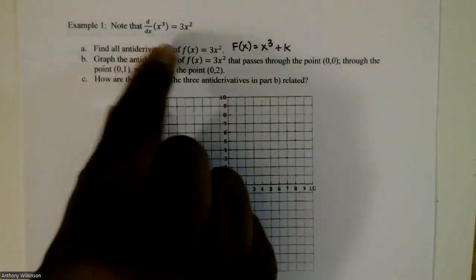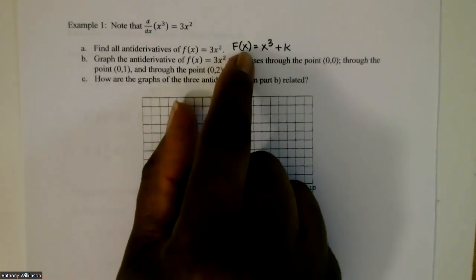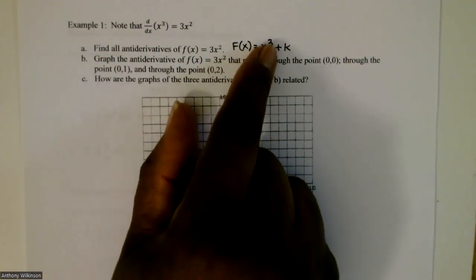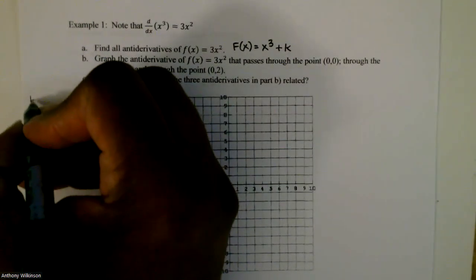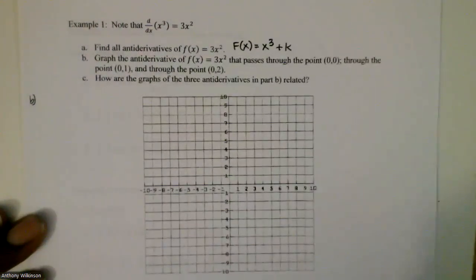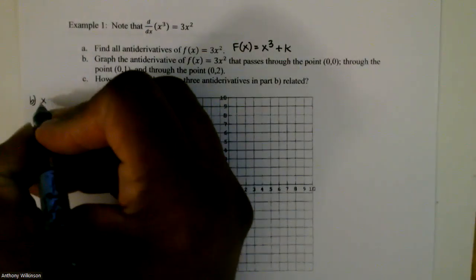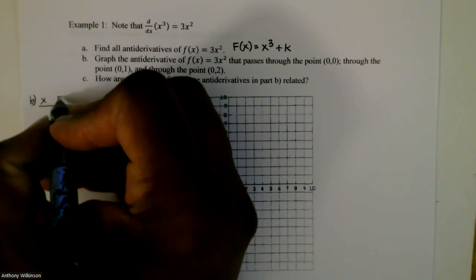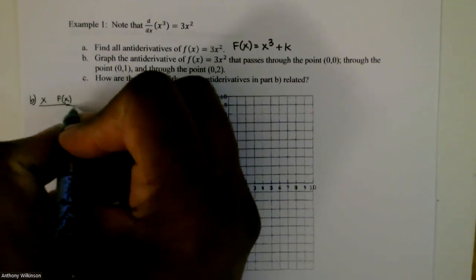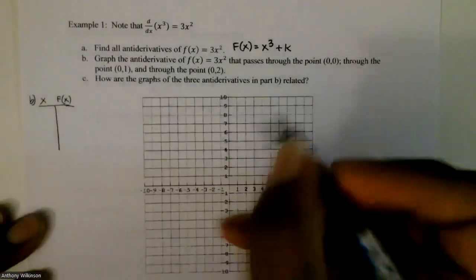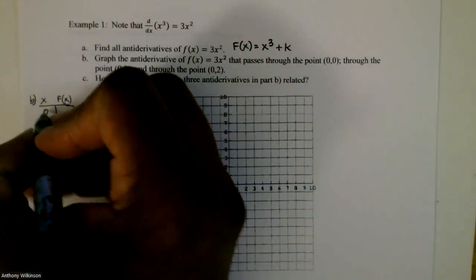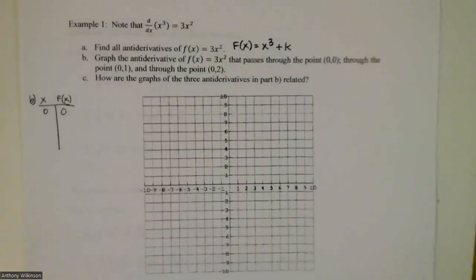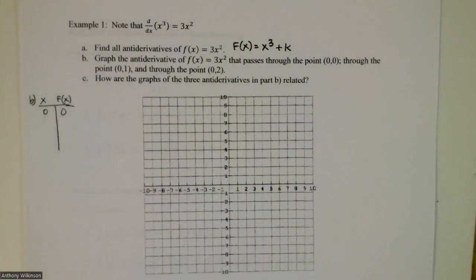So if the antiderivative is capital F of x equals x cubed plus k, let's find out what that's going to be when we do our xy table. Here's x, and this is going to be capital F of x. In this case, through the point (0, 0), that means that if x is 0, then F of x will have to be equal to 0.